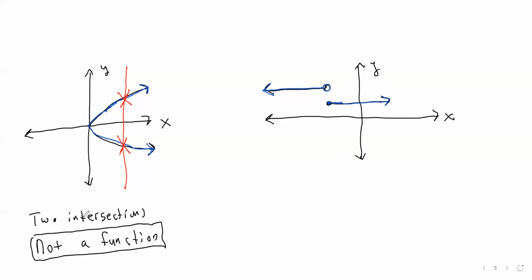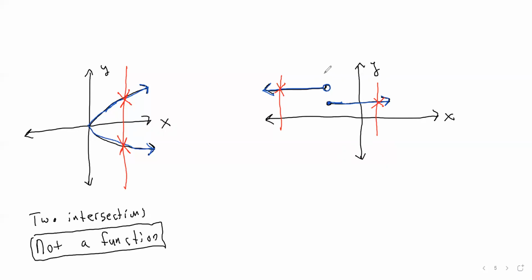Now let's look at the relation on the right. So we want to see if this passes the vertical line test or not. So is it a function or not? So clearly on the left or the right, if you draw a straight line, you're just going to have one intersection. So you have one here. If you draw something a little to the right, you'll have one intersection. So these are no problem.